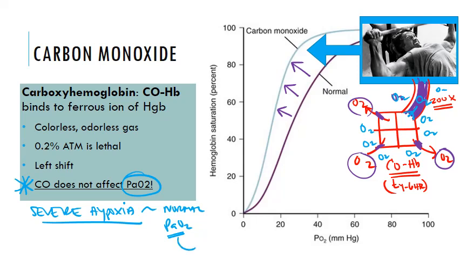Remember that PO2 or PaO2 is dissolved oxygen in the plasma, and alveolar diffusion of oxygen isn't an issue here. It's the reduction of oxygen carrying capacity of hemoglobin, which leads to hypoxemia and eventually death if it gets too severe. This is always a great test question.